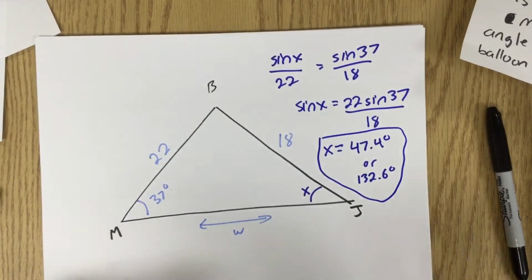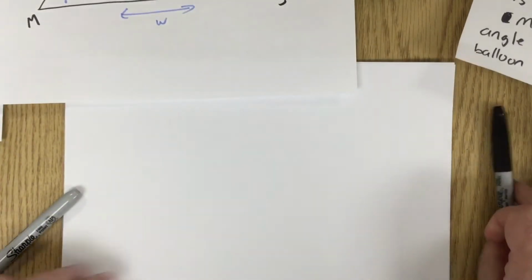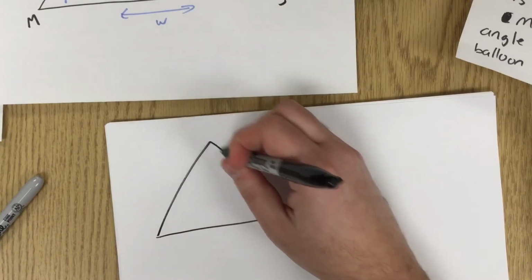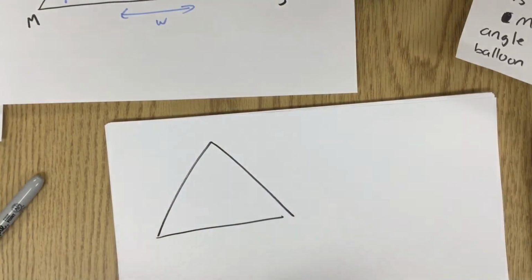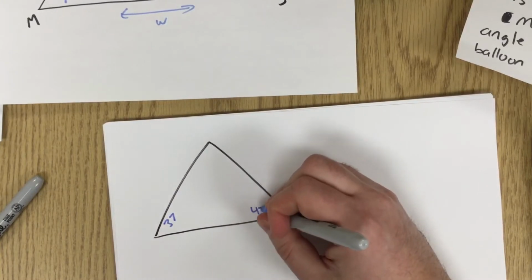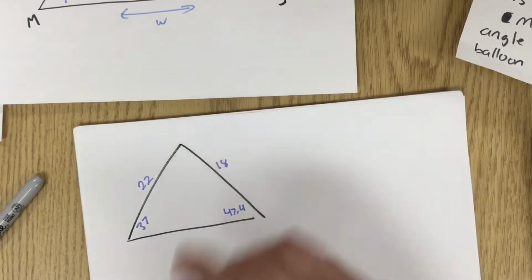Okay, and then we're going to have to find W for each of these. So let's make our triangles. So we have 37, 47.4, 22, 18.